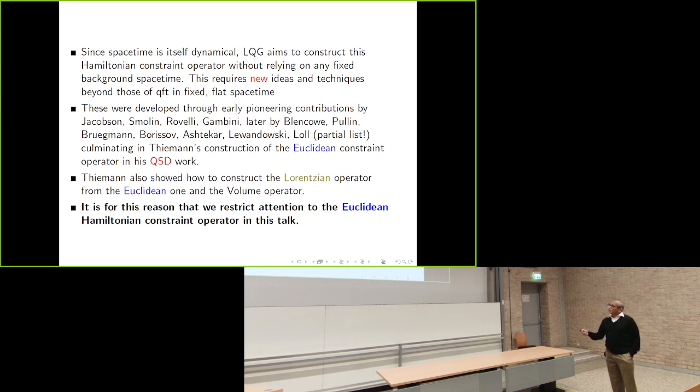And this kind of quantization, or setting up quantum field theory in the absence of any space-time, requires new ideas and techniques beyond those which have been developed so well for quantum field theory in a fixed and often flat space-time.